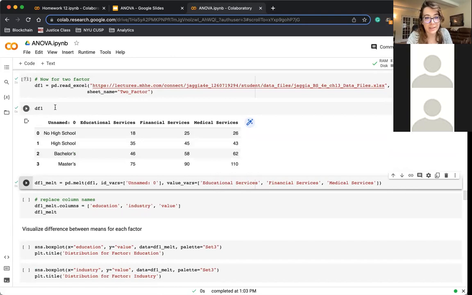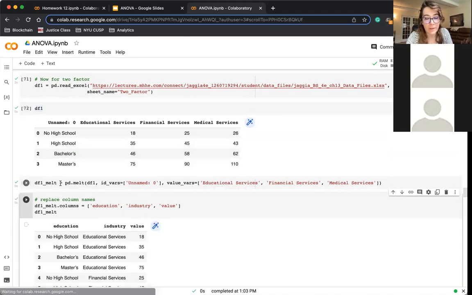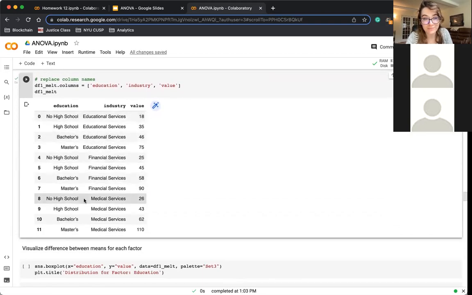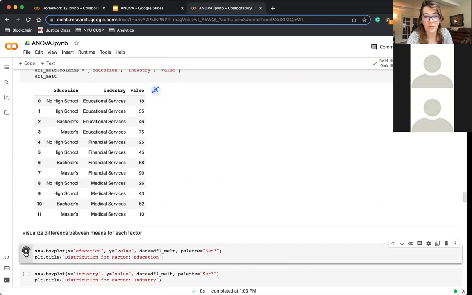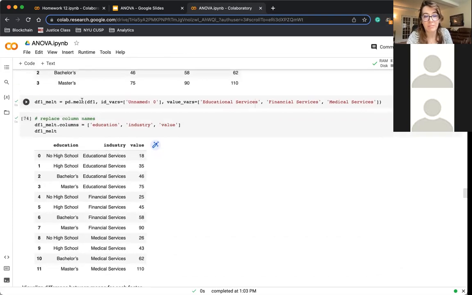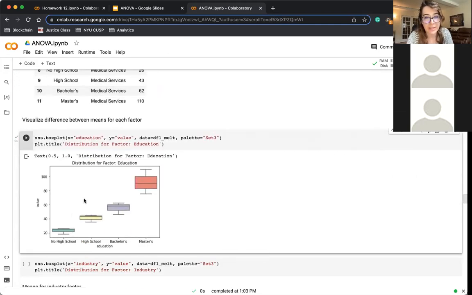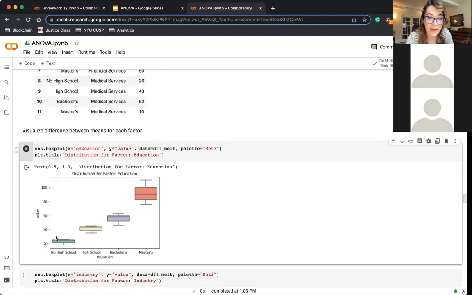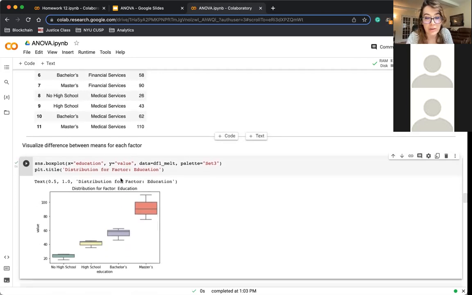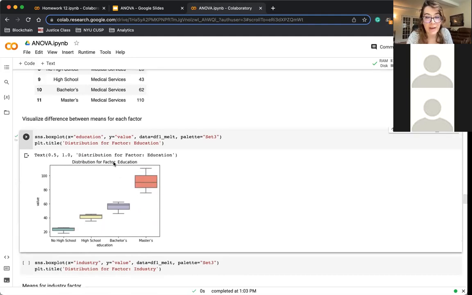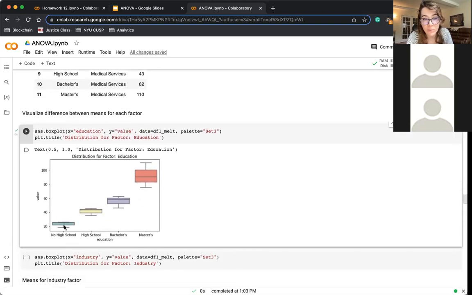And this is me just wrangling the data in another way to get us this value so that we can use our box plot. Again, I'd recommend just playing around with this code to really understand how this melt is creating a pivot table. And that gets us into these distributions of means. Even just looking without the category of which industry they're in, we can see someone with a master's degree has a higher income compared to someone with no high school degree.